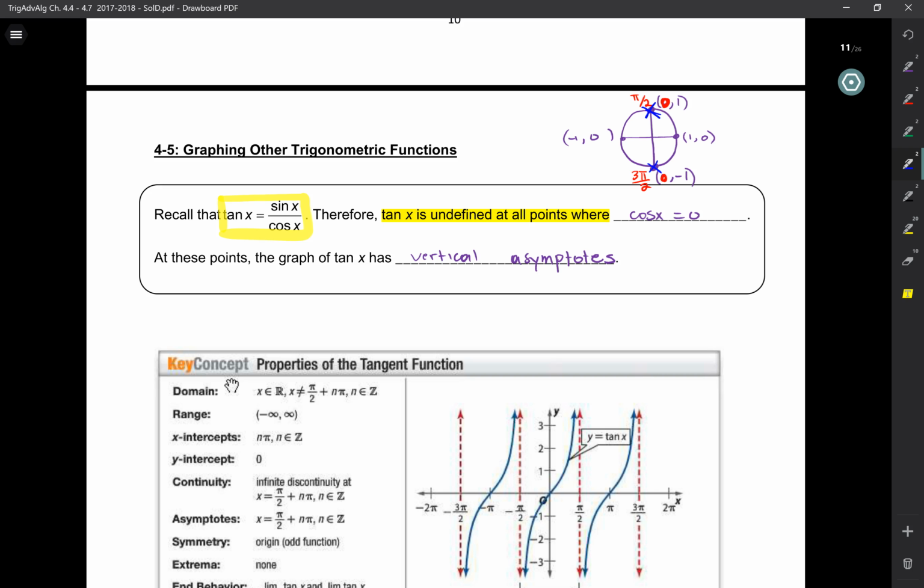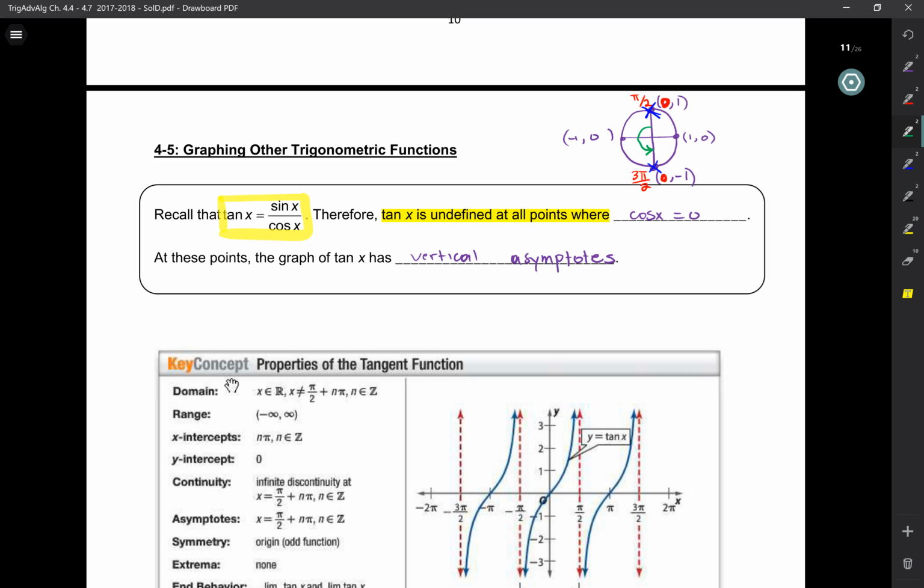Okay? Now, here's a question for you. How much of an angle is there from pi over 2 to 3 pi over 2? It's a pi.